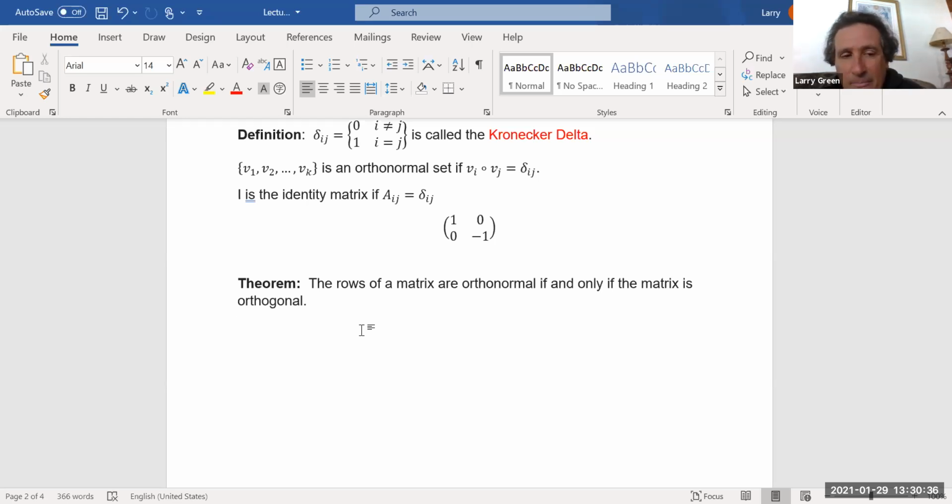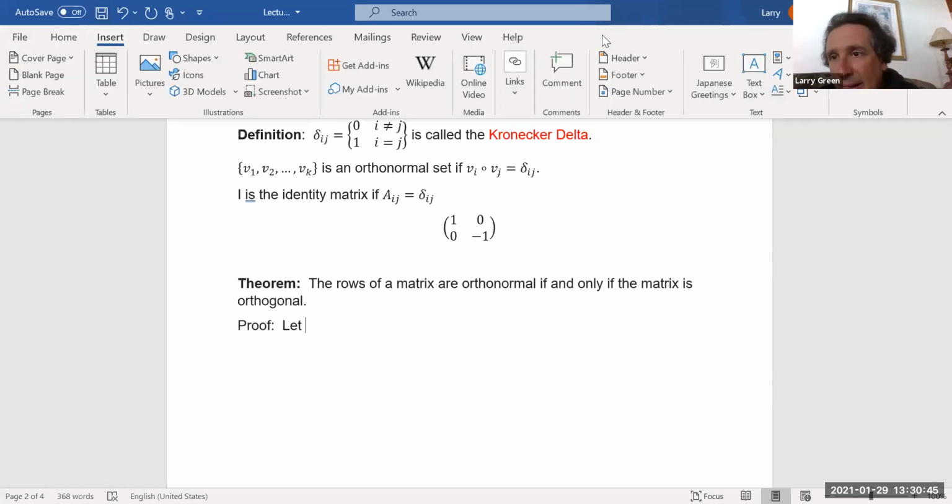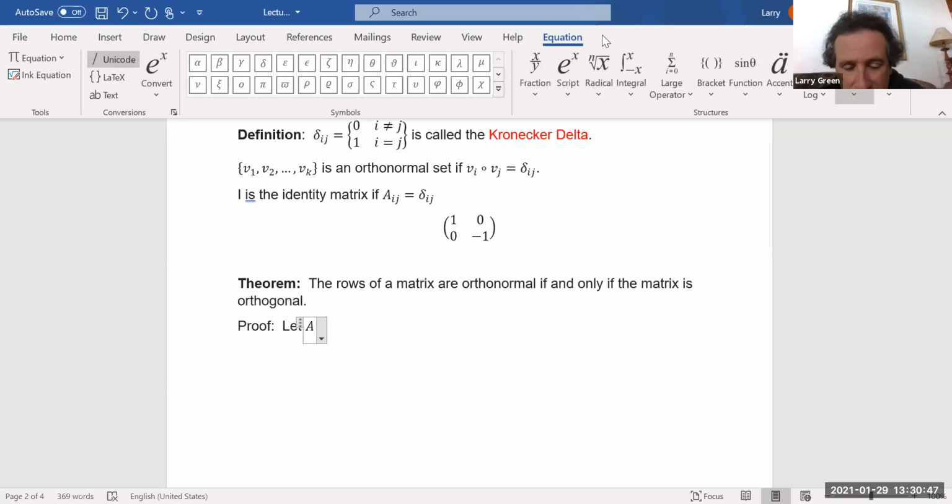All right, so let's write that down. A times A transpose equals the identity. And A transpose A equals the identity.